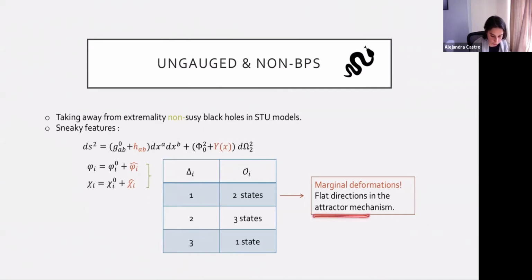In the literature, if you go back to the day when the attractor mechanism was fashionable and the hot topic, which was trendy when I was a grad student, but that reflects how old I am, people talked a lot about the attractor mechanism. This statement, translated into that context, means that you have flat directions in the attractor.